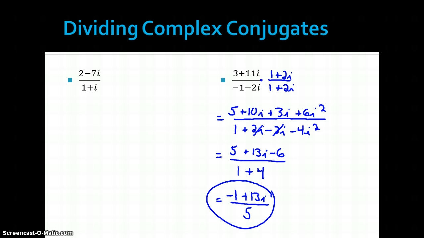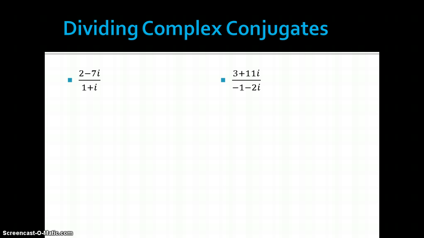I know that complex conjugate is a little difficult at times, so we're going to do 2 more examples with it, at least one of them, see what our time's like here. But we take a look at this first one. We have 1 plus i in the denominator. The complex conjugate of that is 1 minus i.